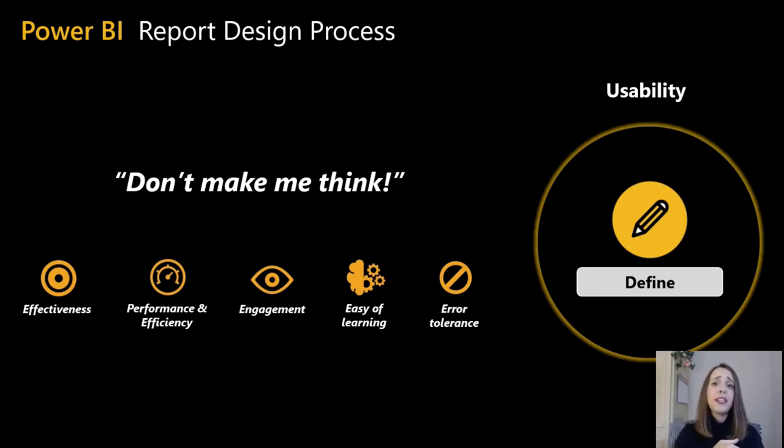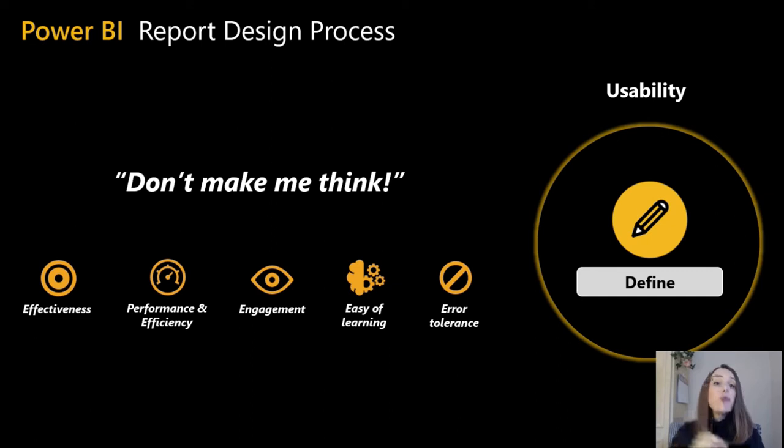We have effectiveness, meaning that your report supports users in getting the insights they need accurately. You have efficiency and performance. This means users can get their insights quickly through the easiest way possible. You have engagement. Users find the report you're building pleasant and it's appropriate for the purpose it was built for. Remember the purpose we talked about before in the discovery phase. Error tolerance.